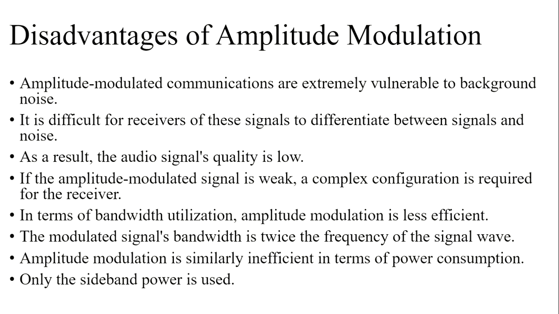In terms of bandwidth utilization, amplitude modulation is less efficient, as the modulated signal bandwidth is twice the frequency of the message signal. Amplitude modulation is similarly inefficient in terms of power consumption, since only the sideband power is useful, only one sideband's power is used.